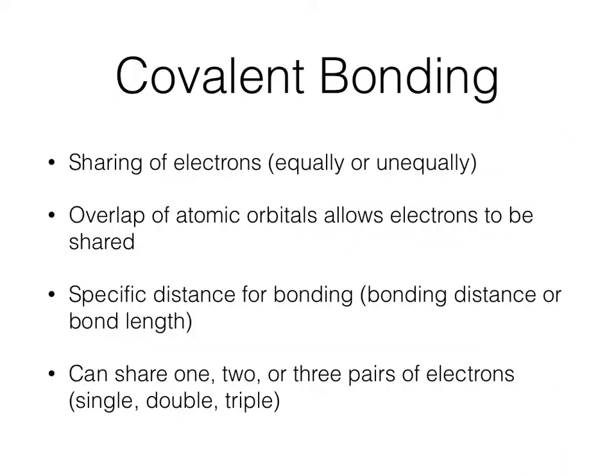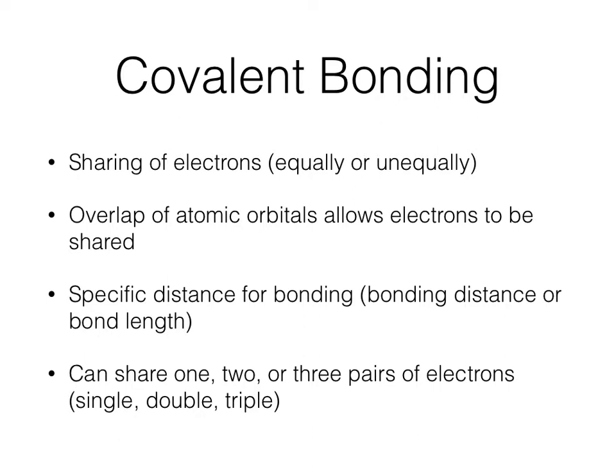So, covalent bonding. Covalent bonding comes from sharing of electrons. Now, this sharing can be either equal or unequal. Okay? And we'll talk about what influences those factors. What is equal versus unequal? Now, what happens is, as 2 atoms come close together, their orbitals start to touch.